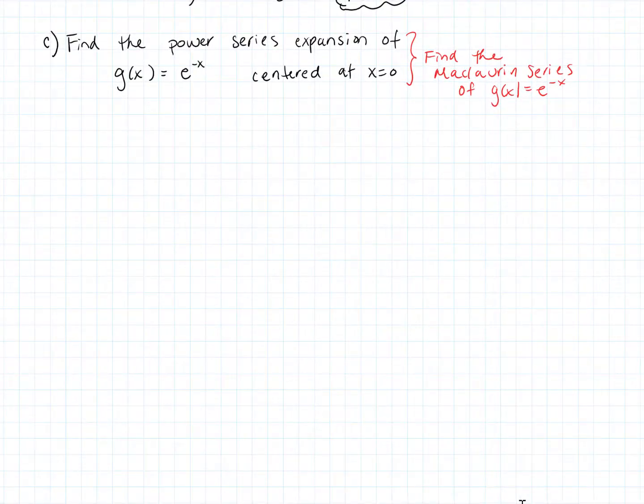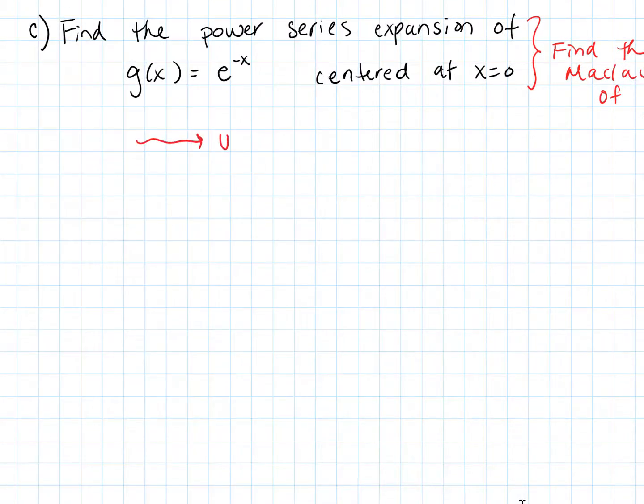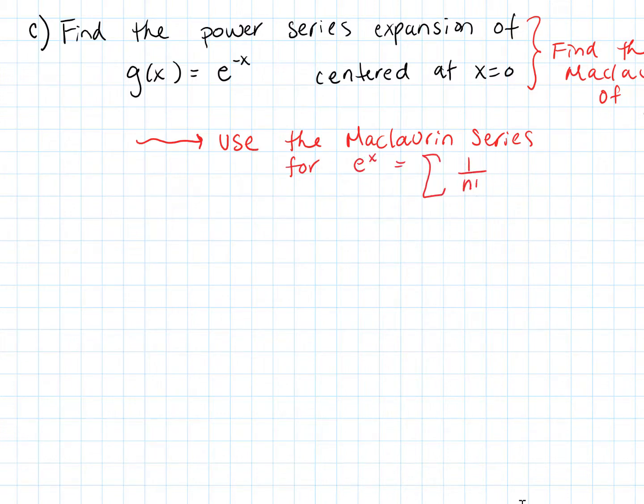So let's use the Maclaurin series for e to the x, which, I'll just rewrite it here, is the sum from n equals 0 to infinity of x to the n over n factorial. Let's use that. Once we've derived a power series, we can utilize it to create other power series.